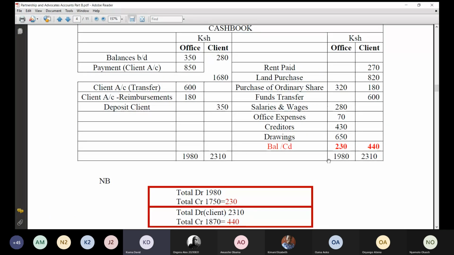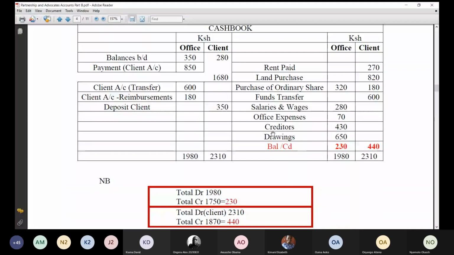A client deposited 350,000 shillings with the firm on 28th April 2007 for purchase of land in May 2007. So our cash book is receiving that 350, and that money is for the client.